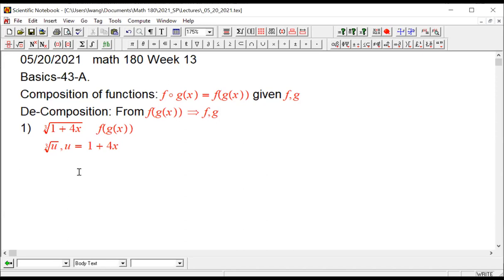So now let's discover what is our f, what is our g. Your g is going to be 1 plus x. Your f is going to be the cube root of x.